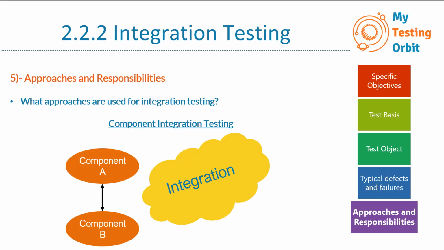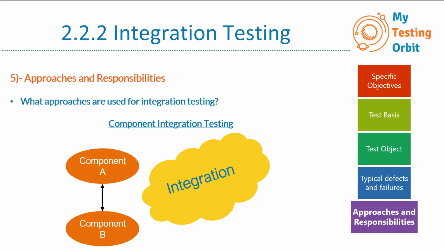Right. Okay, so now what approaches are used for integration testing? First of all, let's see component integration testing. We know in component integration testing, if there are two components, component A and component B, then the focus of this testing should be integration, not the functionality.